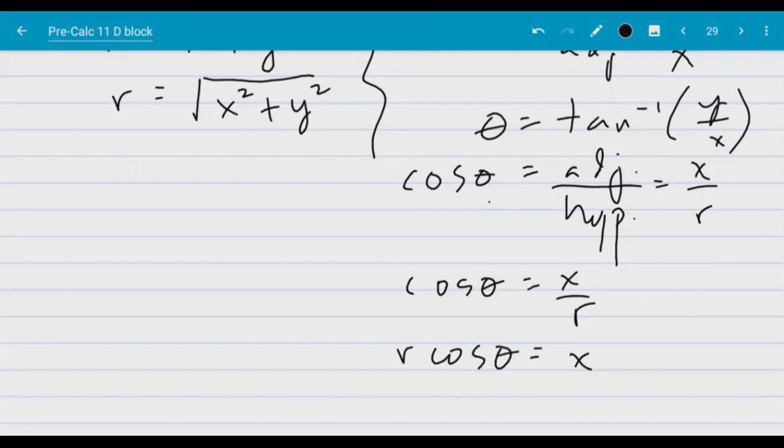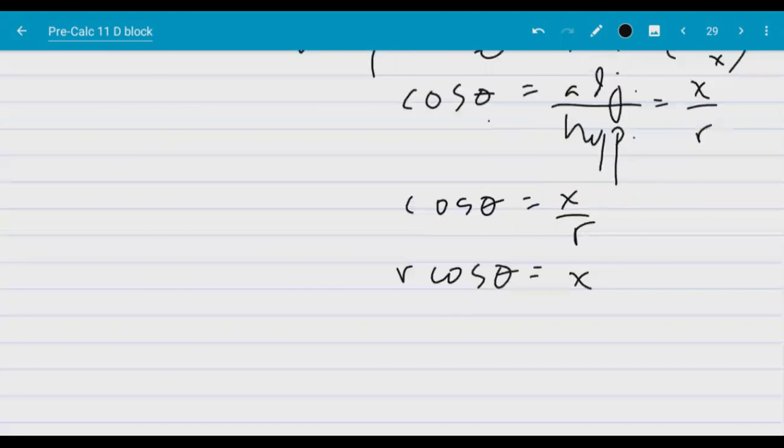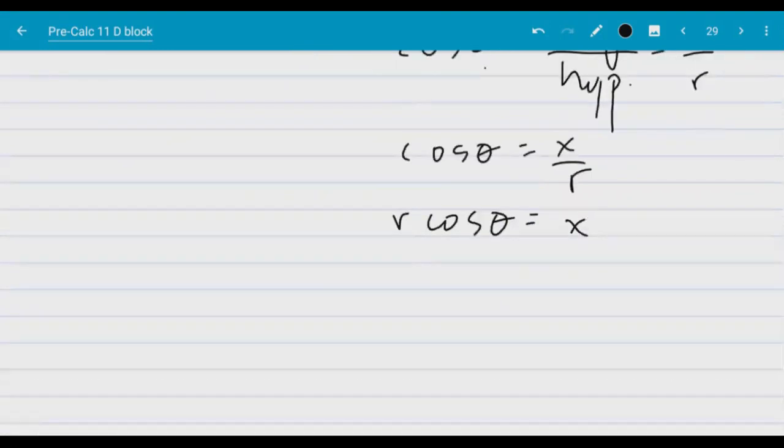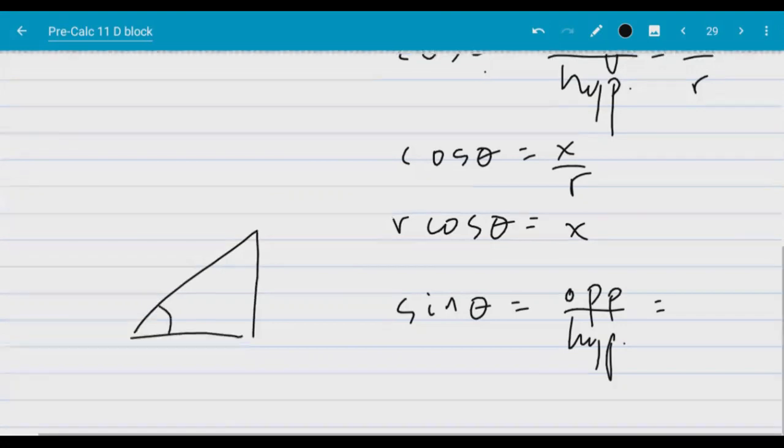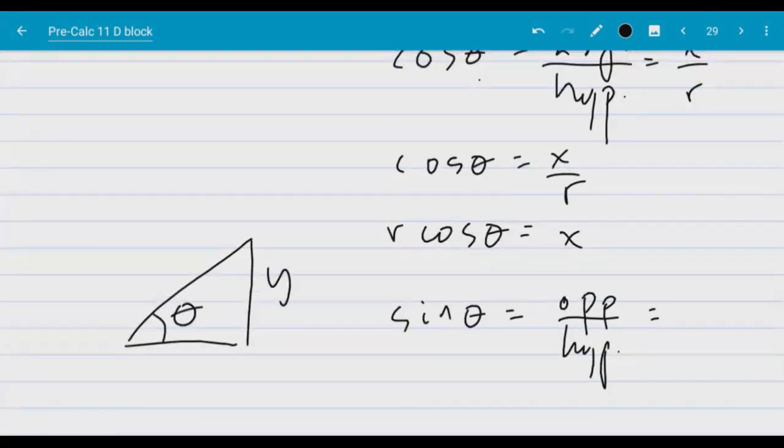Okay. Now, for the y-coordinate, it's pretty much the same. So it's going to be, instead of cosine though, it would be sine theta, which would be equal to opposite over hypotenuse, which is equal to, in that right triangle that we have, okay, like this. This is theta, this is y, this is x, this is r.